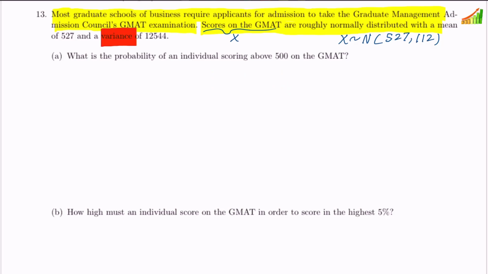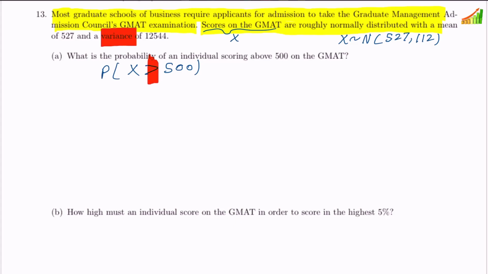What is the probability of an individual scoring above 500 on the GMAT? The probability above 500. X is the scores above 500. Now you see here we have greater than.